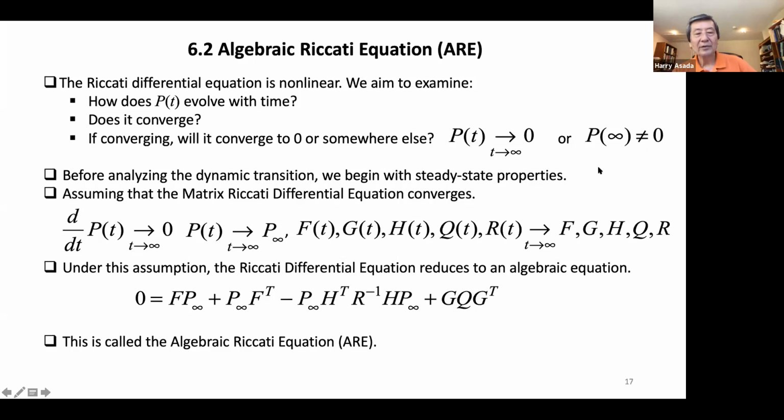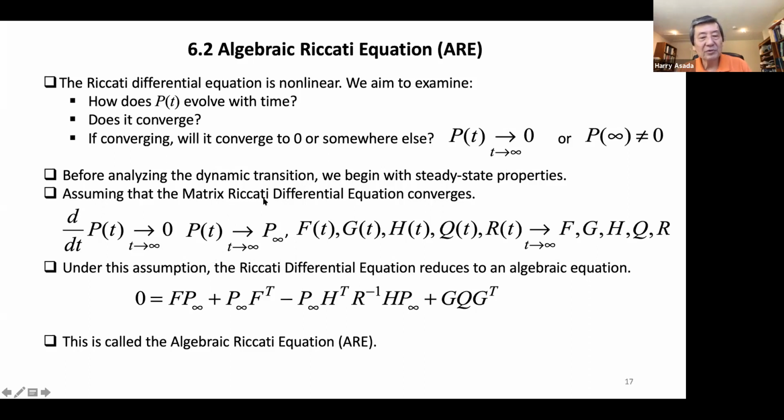Time pushed to infinity, what is this infinite value? Before analyzing the dynamic transition governed by the Riccati equation, note the Riccati equation is a matrix equation, and it's nonlinear because P(t) is sandwiched from both sides, so it's not easy to solve. To begin with, we look at the steady state problem.